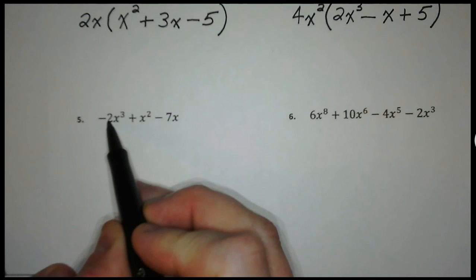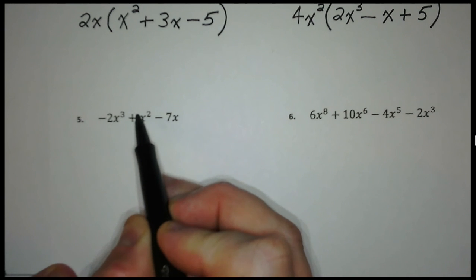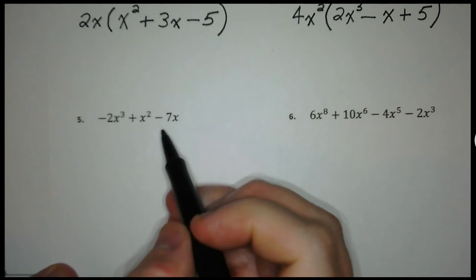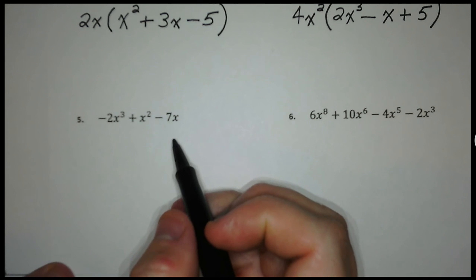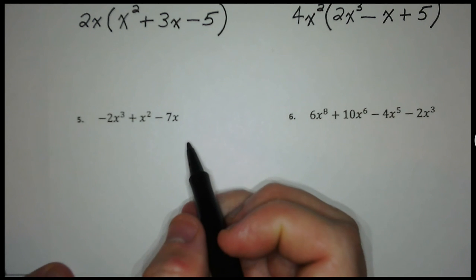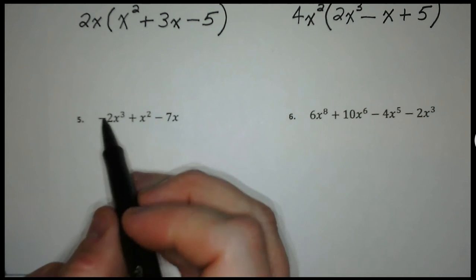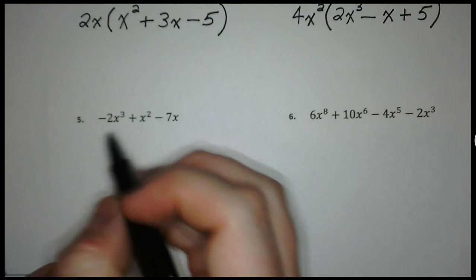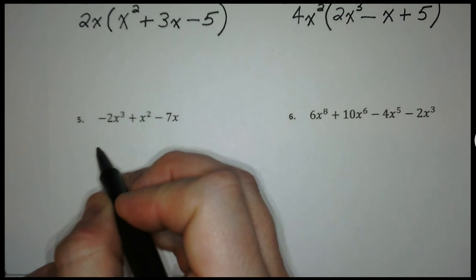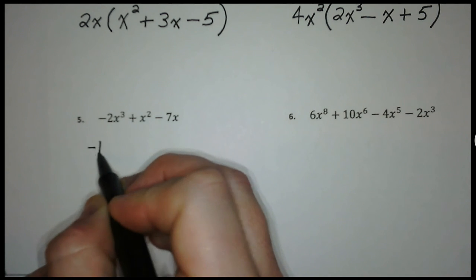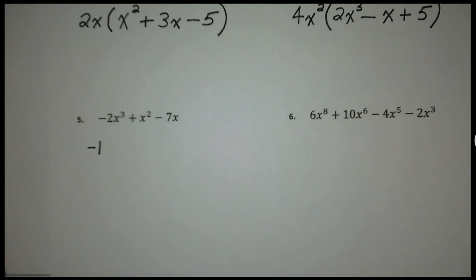Check it out. Negative 2, positive 1 technically, and negative 7. There's no real GCF there, but there is a negative, so I guess we are going to factor out technically a negative 1, right? As a general rule, a GCF of 1 doesn't count.